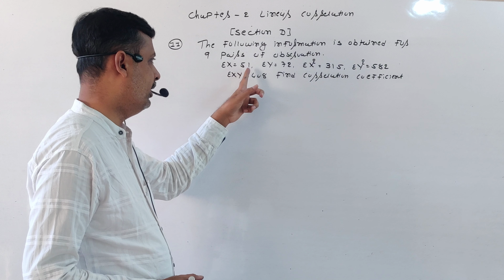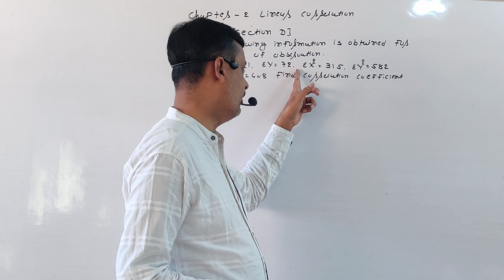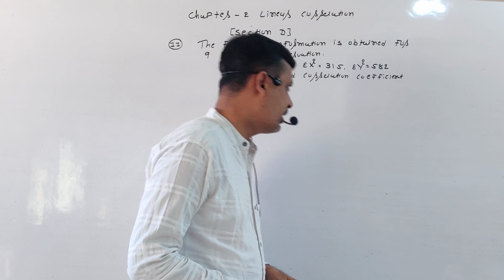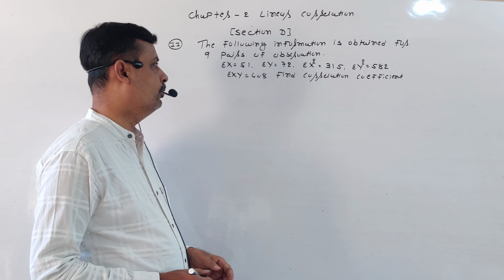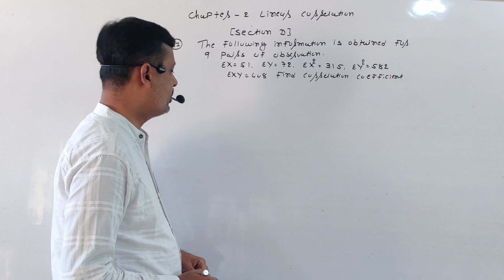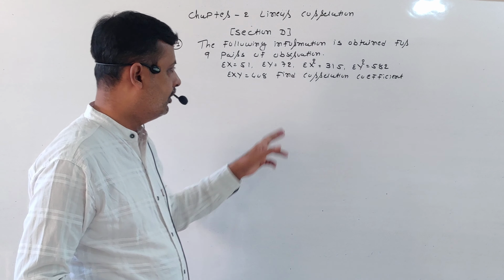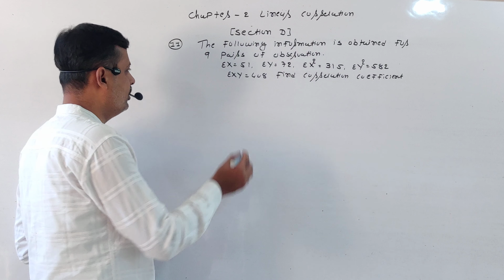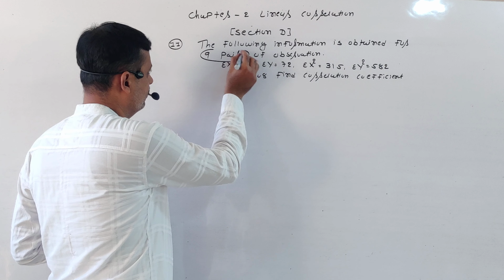Sigma x is equal to 51, sigma y is 72, sigma x square is 315, sigma y square is 582, sigma xy is 408. Find the correlation coefficient.